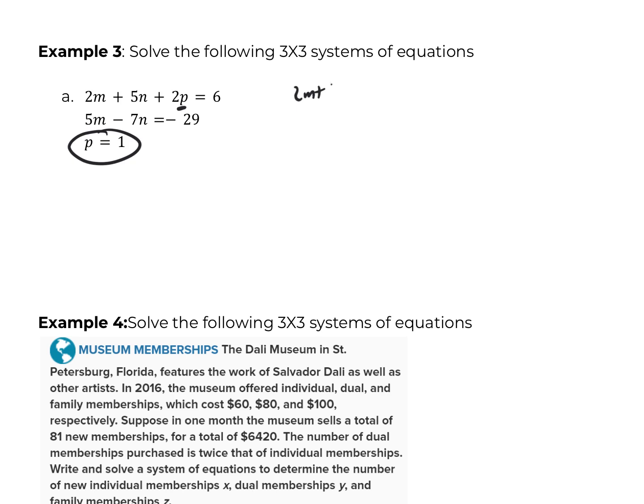So 2m plus 5n plus 2 times 1 equals 6. Well, 2 times 1 is 2. So 2m plus 5n plus 2 equals 6. If I subtract 2 from both sides, 2m plus 5n equals 4. So I have an m and an n here. I also have an m and an n in the other one, that's equation 2.